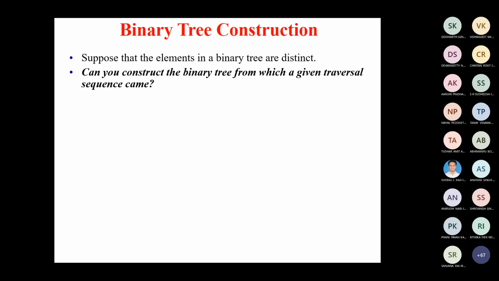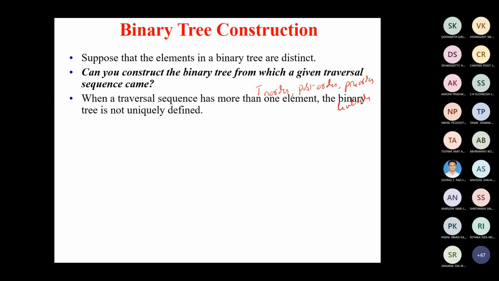I mean, suppose you are given a traversal output, either an in-order traversal, or a post-order traversal, or a pre-order traversal, or a level-order traversal. Suppose you are given a sequence which is the output of any one of these methods, can you construct a unique binary tree? We are talking about the unique binary tree. So can you do that?